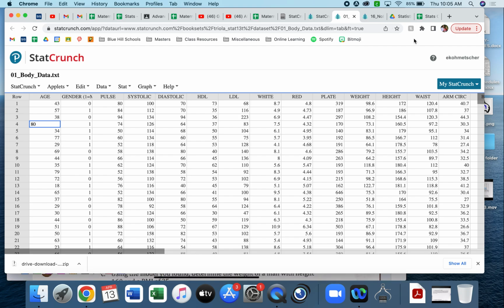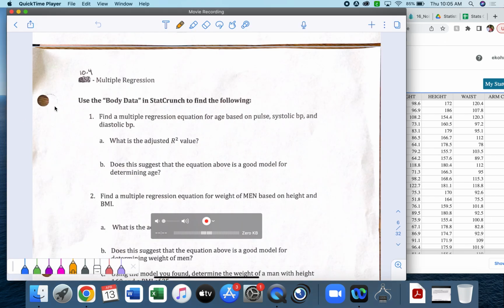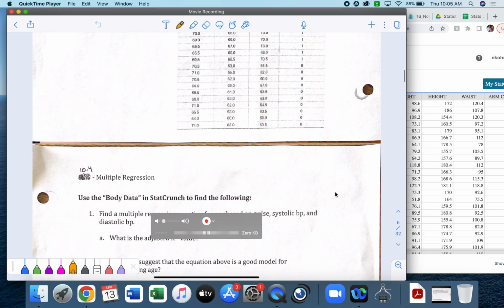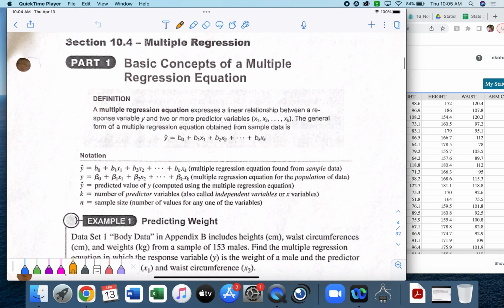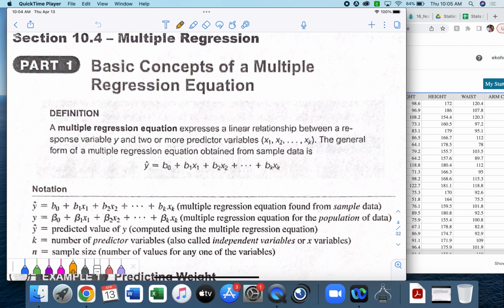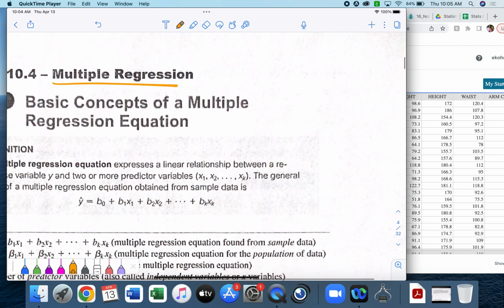If we go back to the notes, let's talk about the first example that they want us to do. We have to talk about multiple regression and what it is. In the past, we've done linear regression, which is y hat equals mx plus b. Write that at the top of your notes.